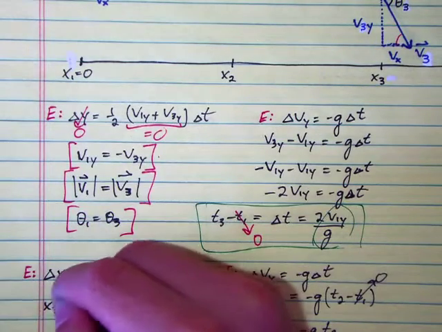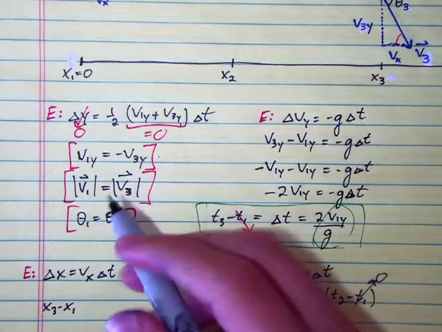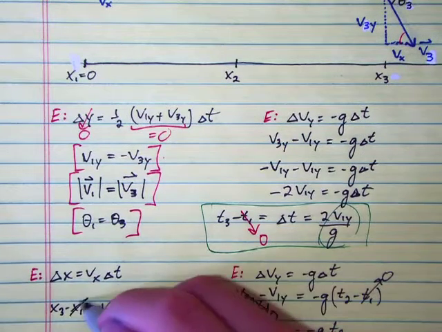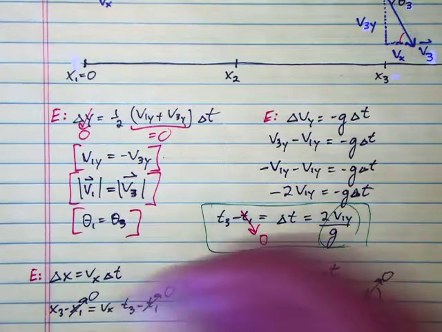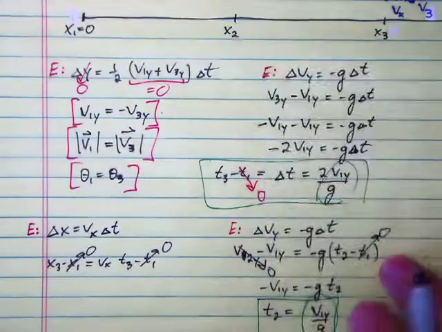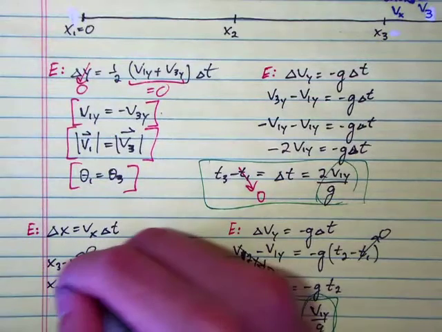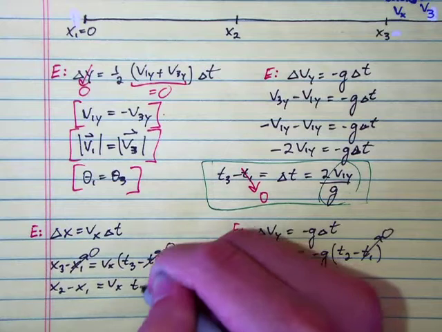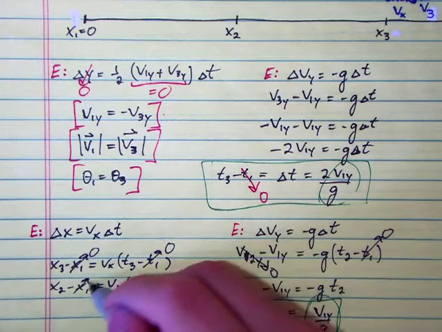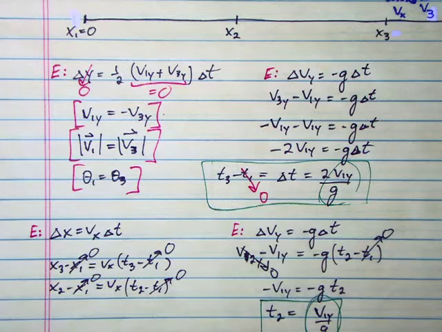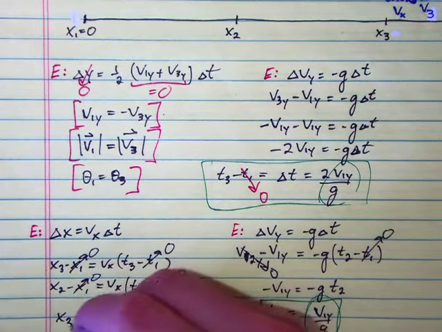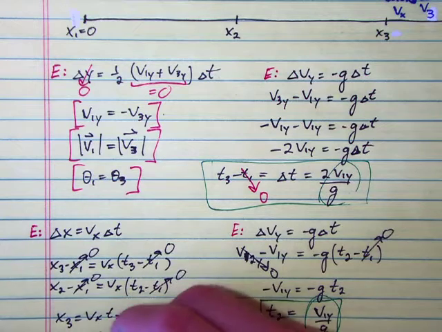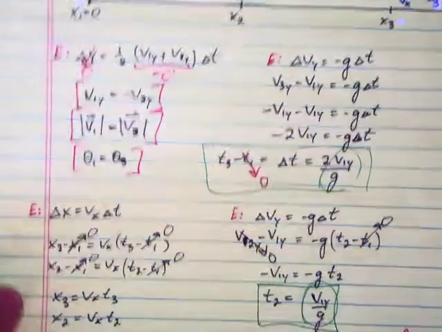So x3 minus x1, so this is events 1 to 3, equals Vx times t3 minus t1. Well, x1 is 0, t1 is 0. And then comparing events 1 to 2, we could say x2 minus x1 equals Vx times t2 minus t1. Again, x1 is 0, t1 is 0. So that tells us that x3 is Vx times t3, and x2 is Vx times t2.